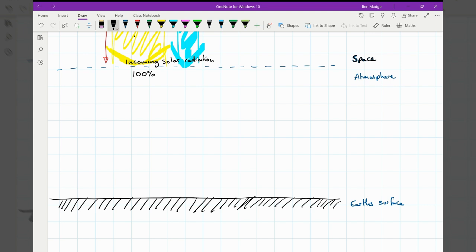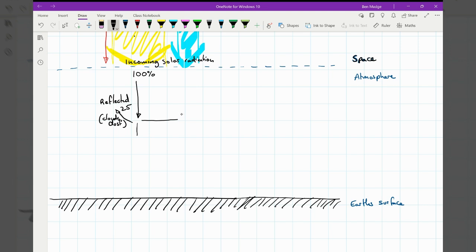Of that 100%, we find that 25% of it is reflected by clouds and dust and the atmosphere itself. So that's 25. And then that carries on down, and we get 20% absorbed by the atmosphere.